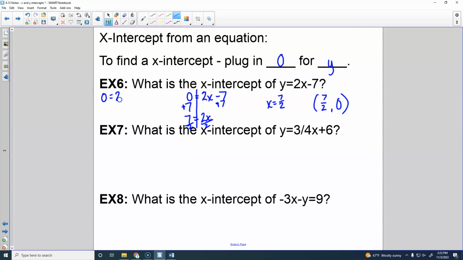You could do like 2x minus 7 and divide everything by 2. So you get 0 equals x minus 7 halves. And then you would add 7 halves to the other side. So you could do it that way. I would not suggest doing that because sometimes, especially if it's not a fraction problem anyway, it's going to cause you to have fractions when you wouldn't otherwise. But you could.